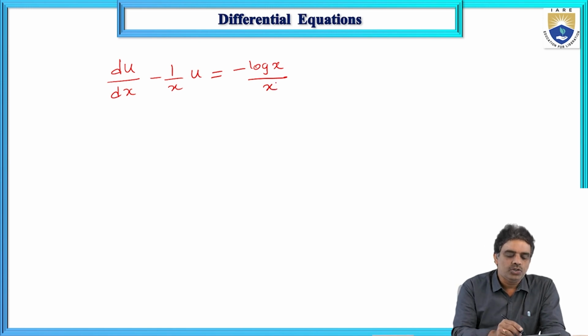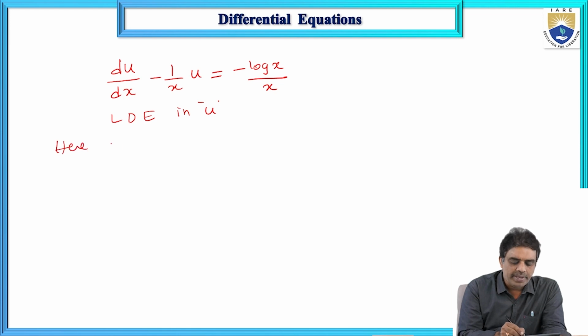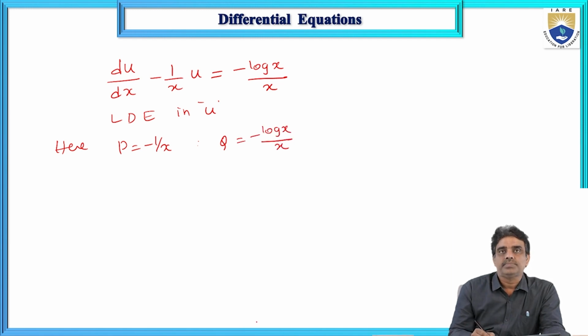Now the equation is du by dx minus 1 by x of u is equal to minus log x by x. Clearly, it is a linear differential equation in u. Here p is minus 1 by x and q is equal to minus log x by x.